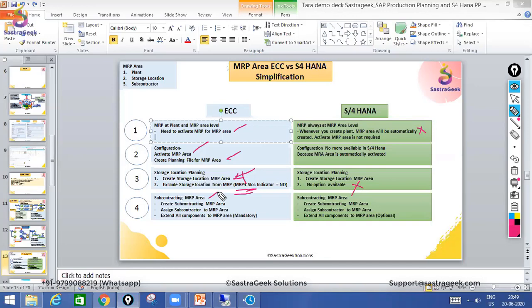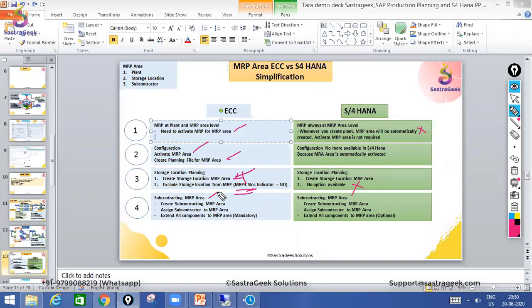If you want to exclude that material from any planning, you need to create a storage location MRP area and extend your material to that MRP area. That's it. Within the MRP area, we do have MRP parameters, which I'll show you on the screen. In those MRP parameters, you just need to put ND. That means this location will not be planned in the MRP.